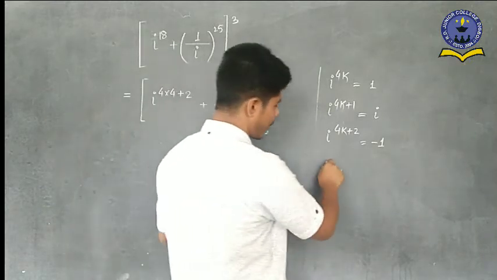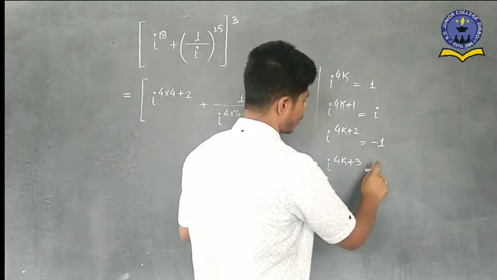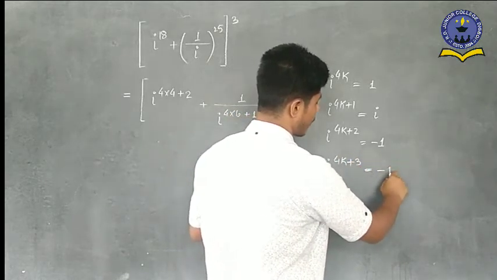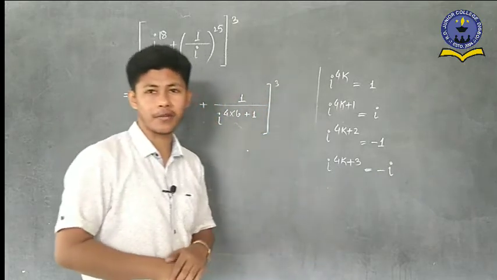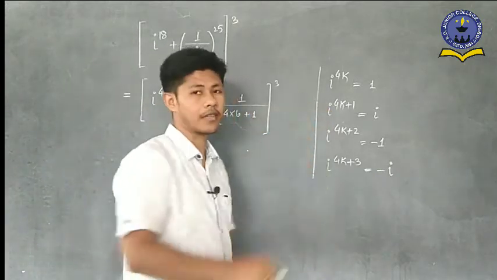And the last one, i to the power 4k plus 3, we can write as minus i. These four results we discussed in the earlier class.